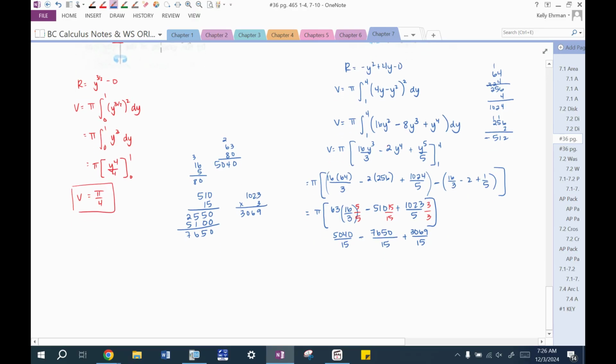Okay, so let's see. I'm going to subtract these. 7650 minus 5040, and I'm going to know that my answer is negative because I'm subtracting backwards. So that's negative 2,610 over 15 plus this.